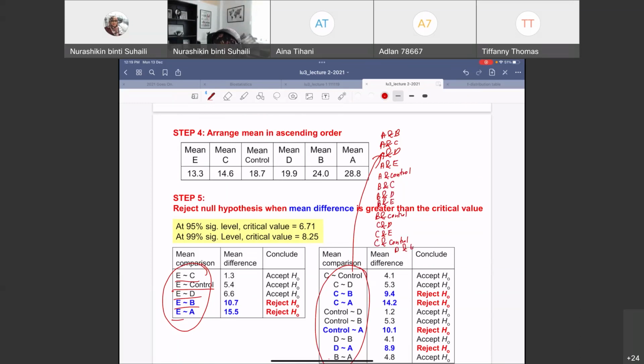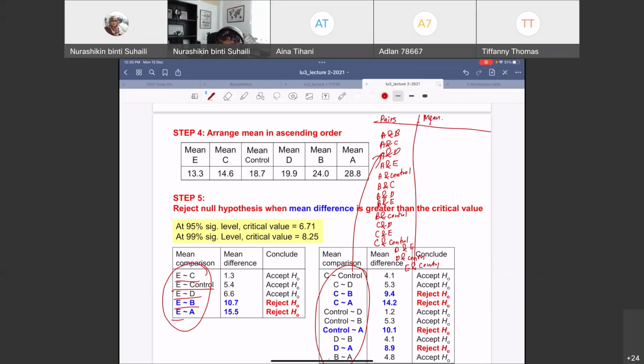D and E, D and control. That's it. Okay. E and control. Let's say you have these possible pairs.